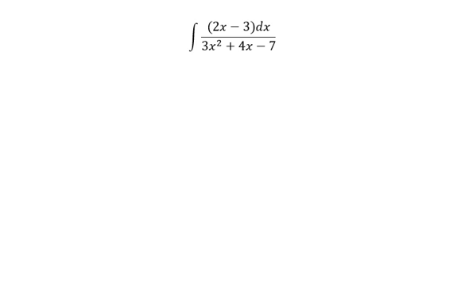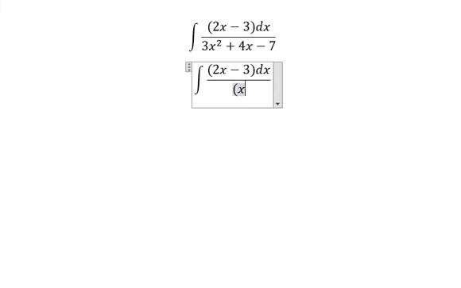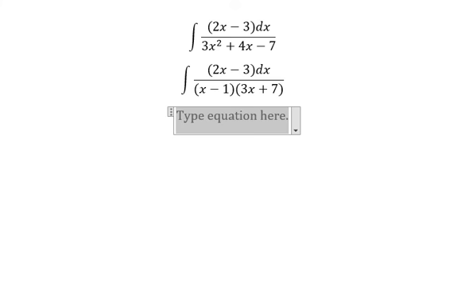Now let's go to the last one. This one we need to do factorization, and you get s minus 1, and we have 3s plus 7. So in this situation we need to use partial fractions.